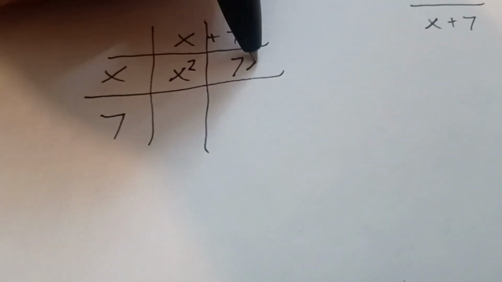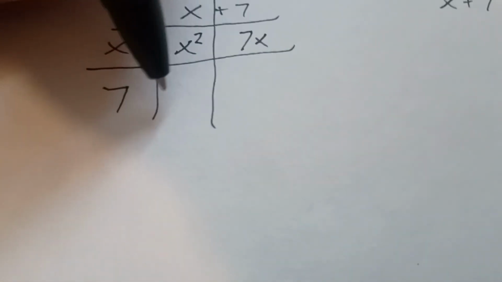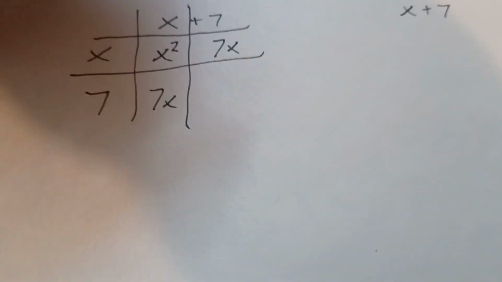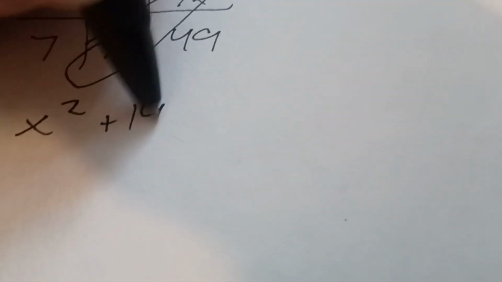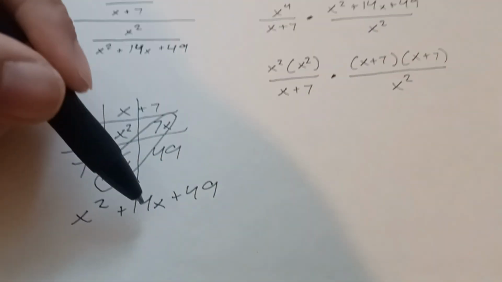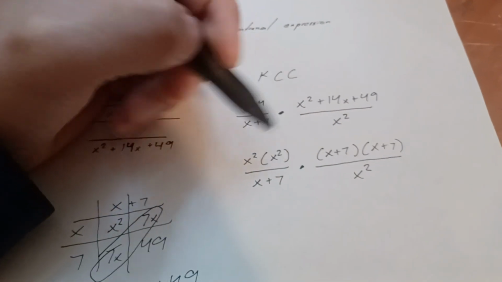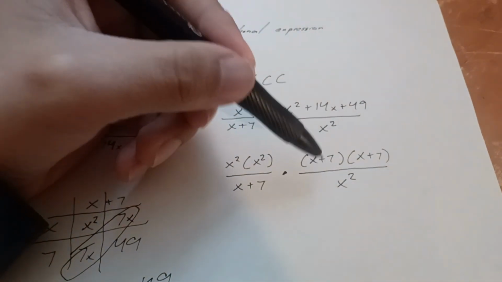We have an x squared. 7 times x is 7x. And then x times 7 is also 7x. 7 times 7 is 49. Combine these two together, it's 14x. x squared plus 14x plus 49. This gives us this. So now you see where I got that from.